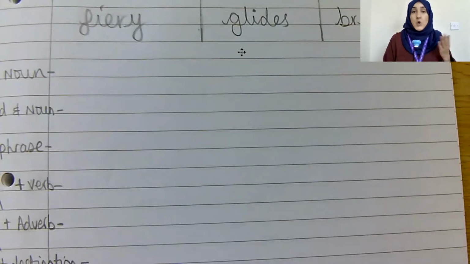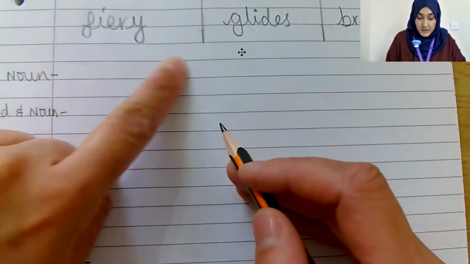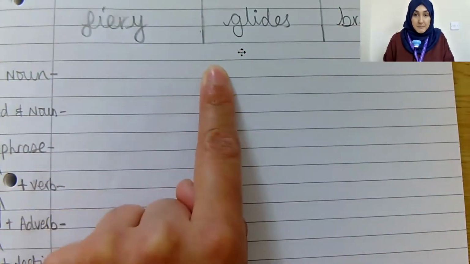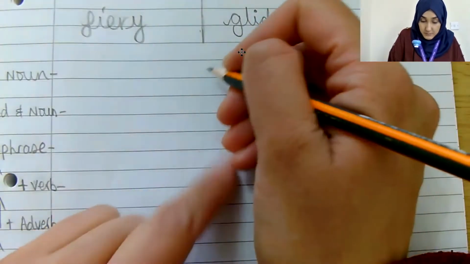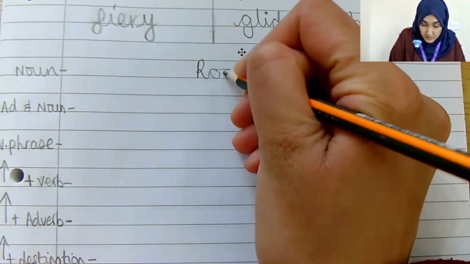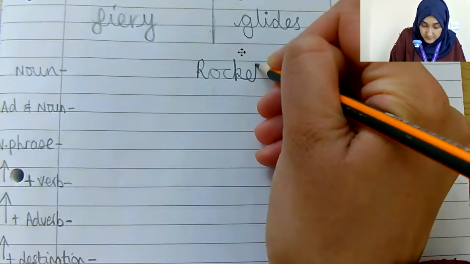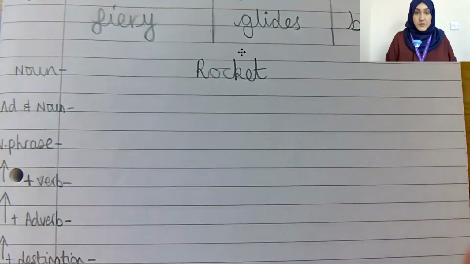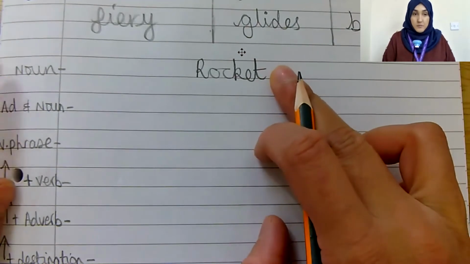Now yours might be a comet, a star, astronaut, or whatever it may be. So you can choose. If you want to do the same as Miss Baig, then that's fine as well. So on the line, in the middle of the page, is that about the middle? Yes. So I'm going to write capital R, rocket. Okay, I've got my noun, rocket.